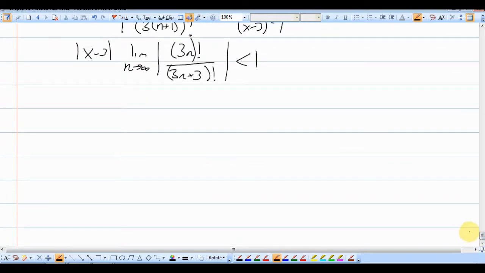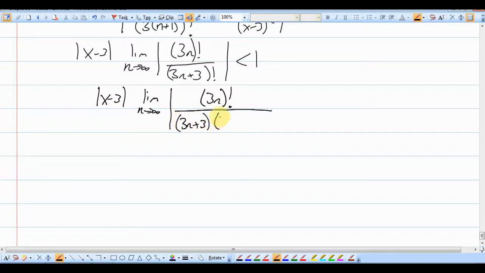At some point it stops advancing by 1 line and starts going by 3 lines. I never know when that point is. X minus 3, multiply by the limit. That's 3n factorial. Denominator is 3n plus 3, 3n plus 2, 3n plus 1, 3n factorial.